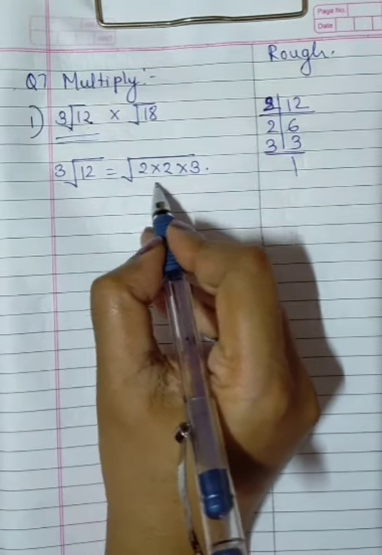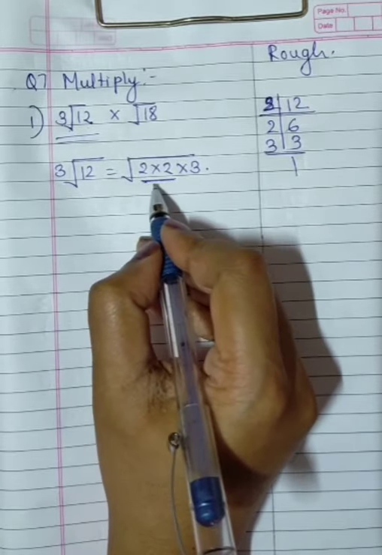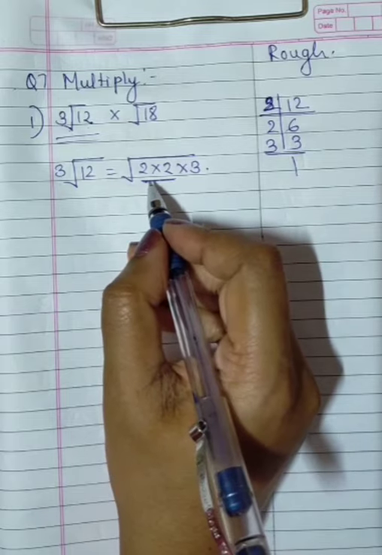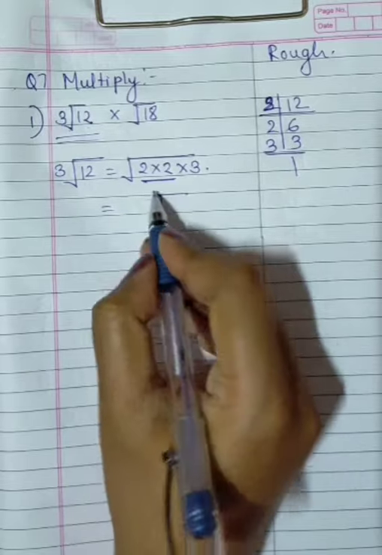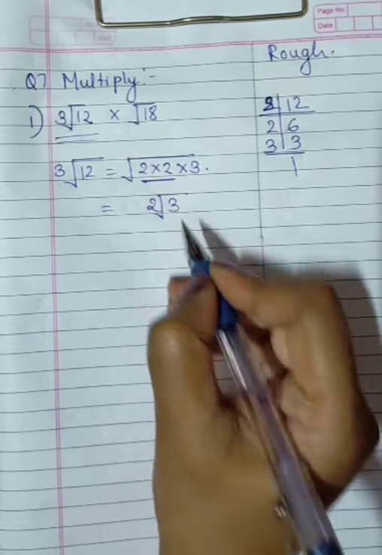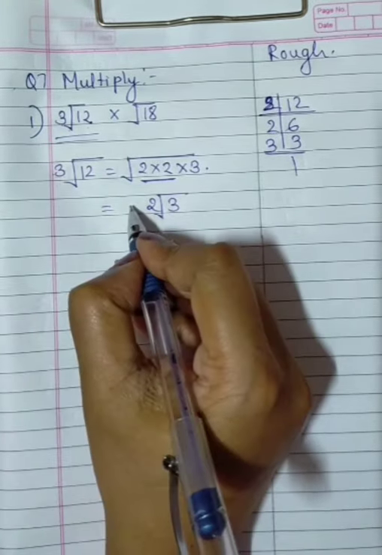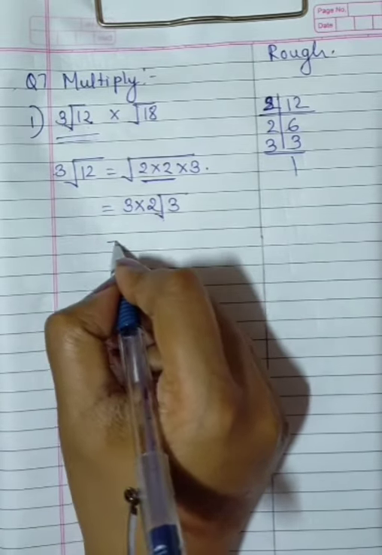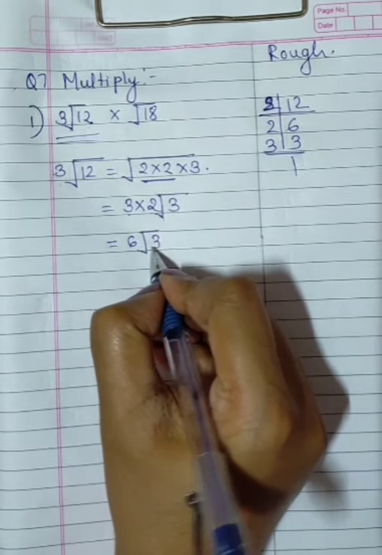Now as you can see, we got a pair number, that is 2. Whenever we get a pair number, we have to write this number out of the radical sign. So I am writing here 2, and the remaining number will come inside the radical sign, that is 3. Now as you can see, 3 is already here, so we are writing 3 into 2 square root 3. Now the answer is 3 2s are 6 and square root 3.